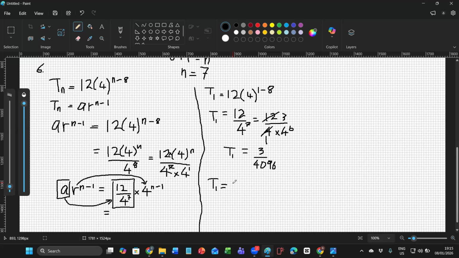So for me to get the common ratio, at least one way is to say T2 over T1. Do you understand why we need to do T2? Okay, so let's just do that.